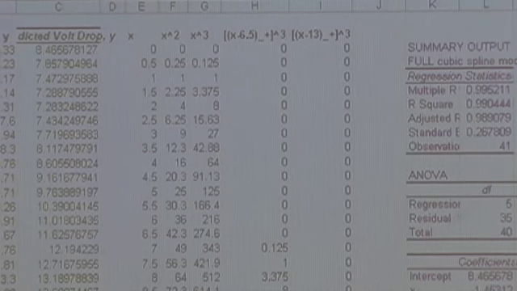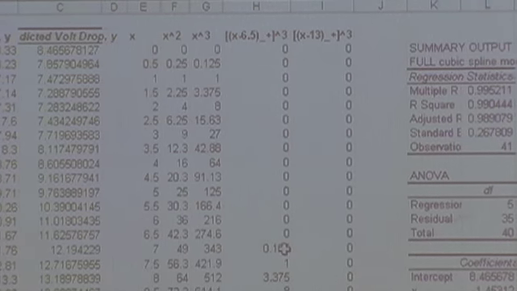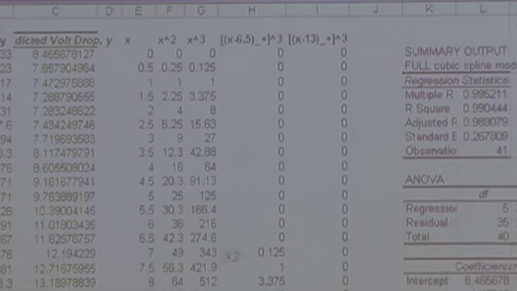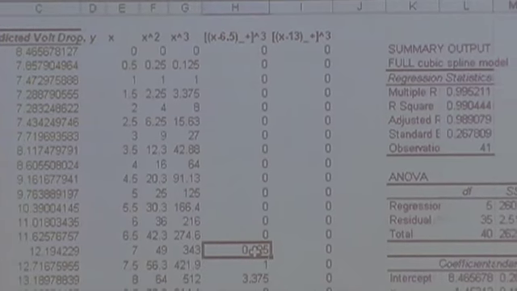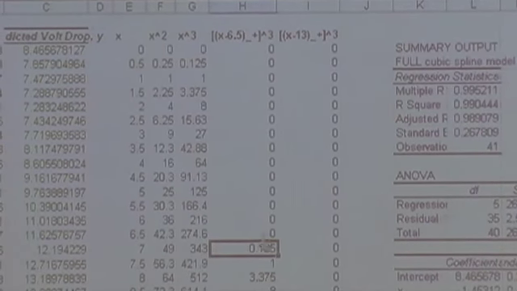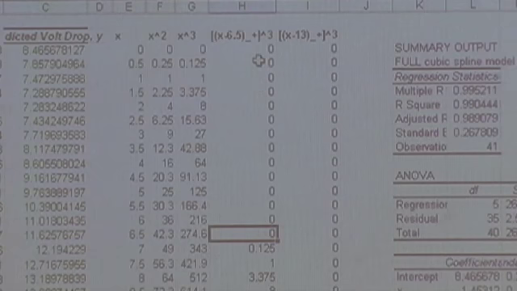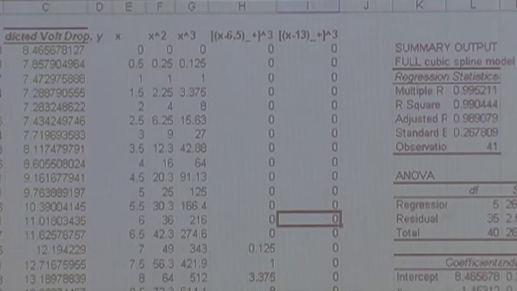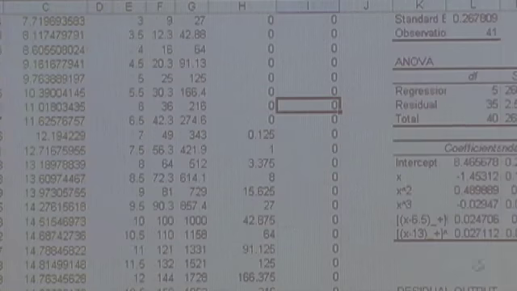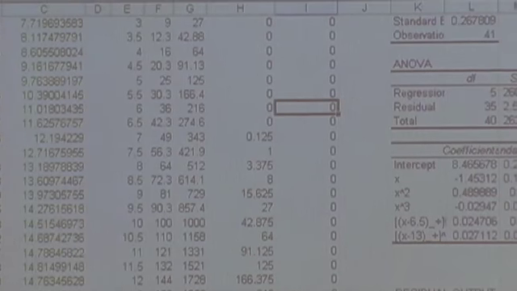So then these are the pluses, and then I just cubed those pluses. So here it was 0.5 cubed, right? E20 minus 6.5 the quantity cubed, and here it was just 0. I just put it 0 by hand, so I didn't even use any if statements. I didn't make it too complicated. So it's just zeros, and these were zeros all the way down to 13, and then the same type of stuff. So it was actually the same numbers here, 0.125 and 3.375 and so on.